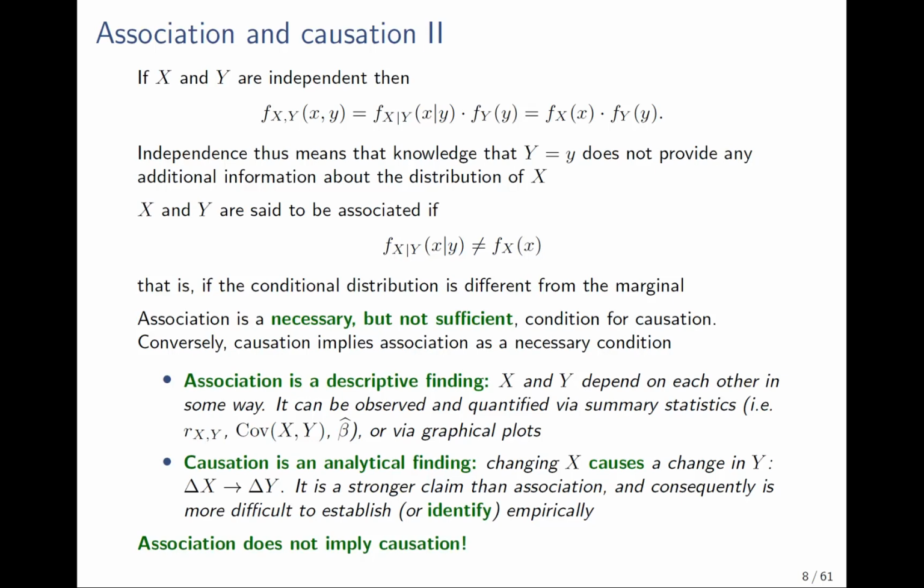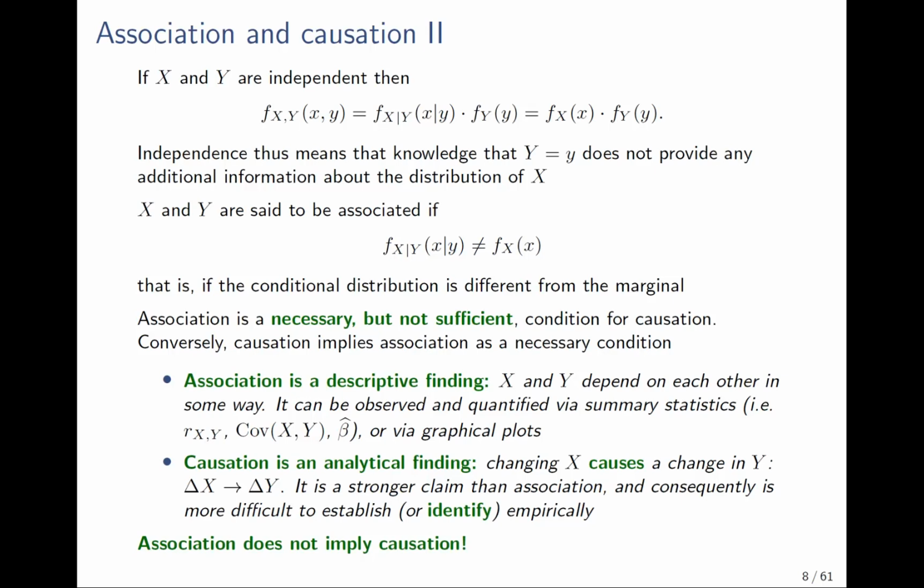Independence is absent, that is, X and Y are dependent or associated, if the conditional distribution is different from the marginal. Again, we covered that in lecture 1. But the fact that the conditional distribution is different from the marginal, the fact that they're associated, does not mean that they're causally related. It doesn't mean that X causes Y or that Y causes X. I'll give an example in a second.